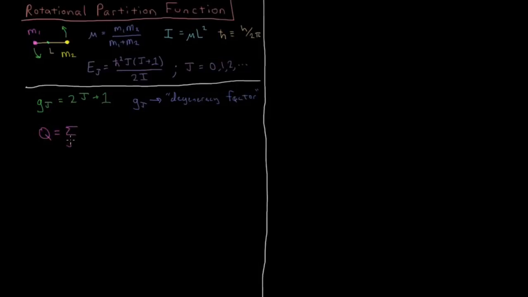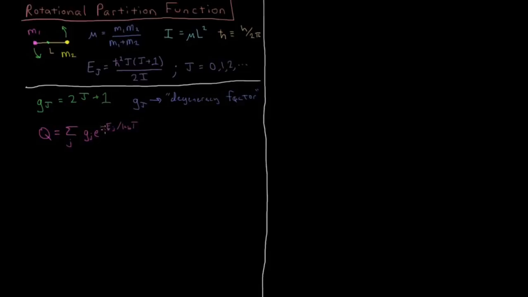So if we have some index j, but now instead of just being the Boltzmann factor, e to the minus Ej over kBT, or equivalently e to the minus beta Ej, we also need to insert this degeneracy factor in front here, g of j. So in our sum here, there's going to be a multiplication of the number of states with that energy level times e to the minus beta Ej, or e to the minus Ej over kBT. Those two things are equivalent.